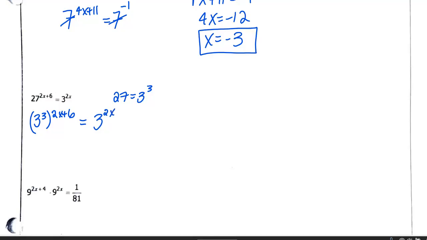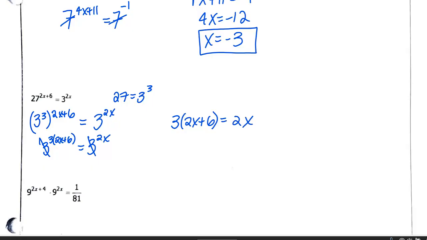I'm going to remember my power rule, which states that I multiply. So this is 3 raised to the power of 3 times 2x plus 6 equals 3 to the power of 2x. I can drop that base of 3, and now I have the equation 3 times 2x plus 6 is equal to 2x.